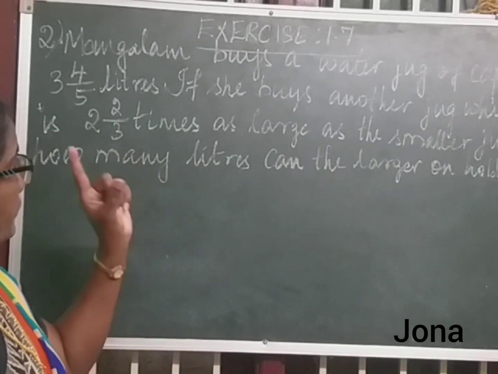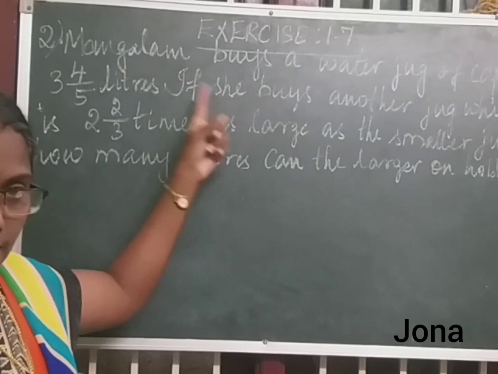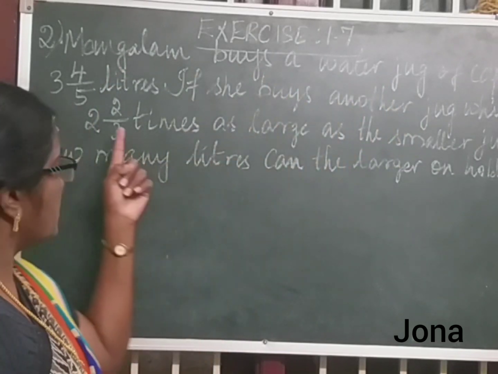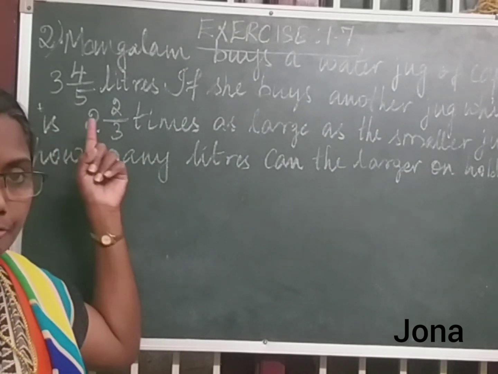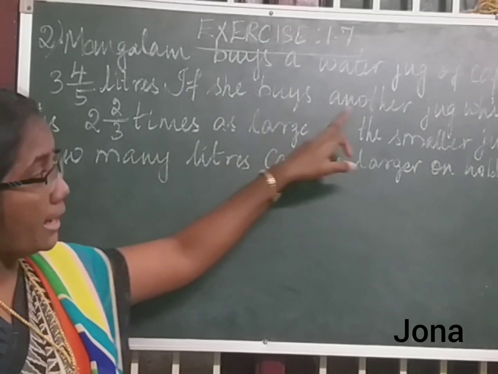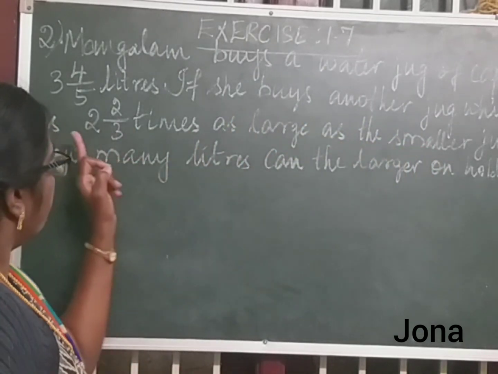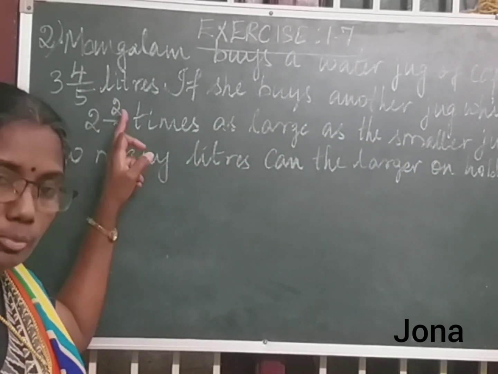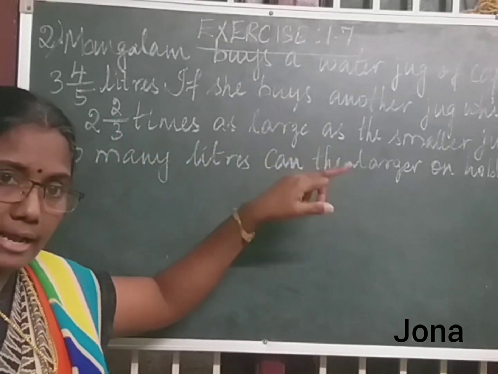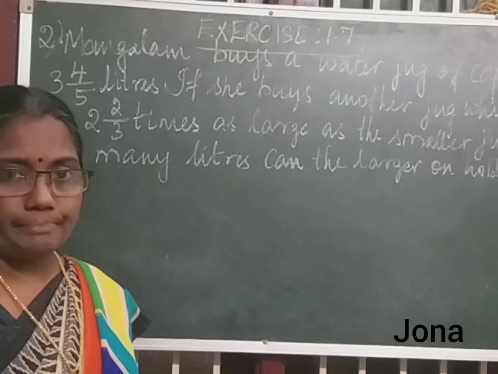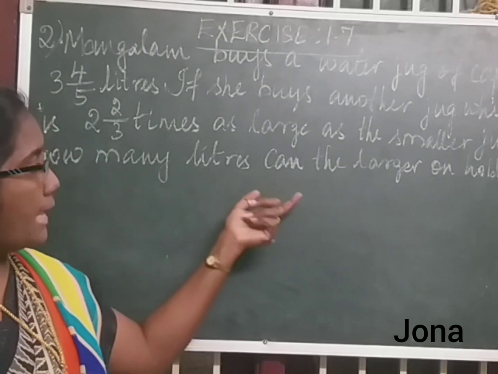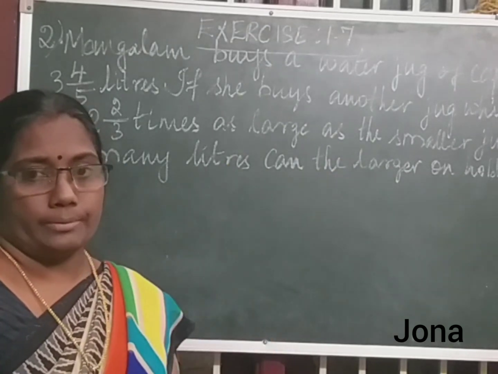The first point is clearly given: Mangalam buys a water jug of capacity 3 4/5 liters, and then she buys another jug which is 2/3 times as large as this smaller jug. What we want to find is how many liters the larger one can hold.